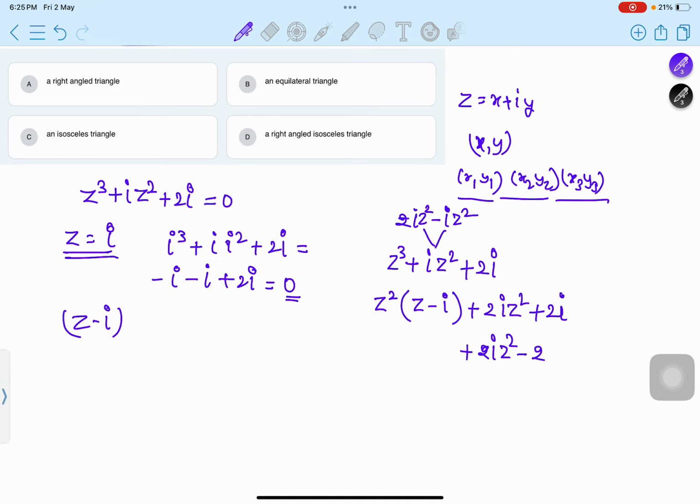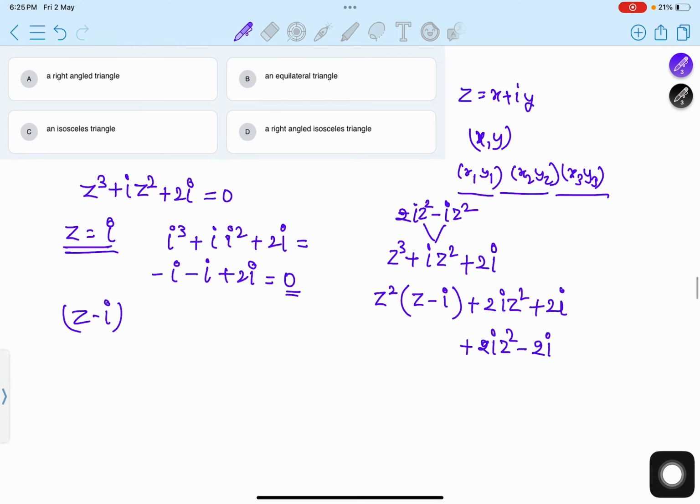2 iota plus and 2 iota minus, 2 iota z plus and 2 iota z minus.